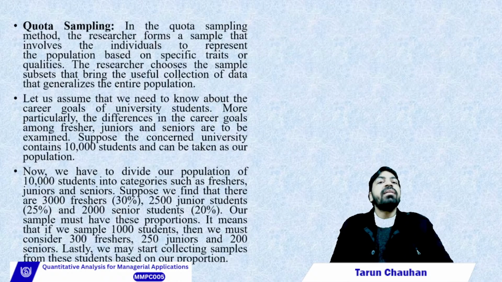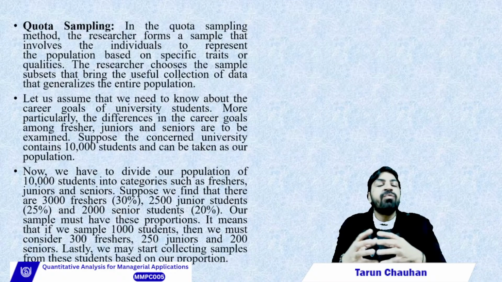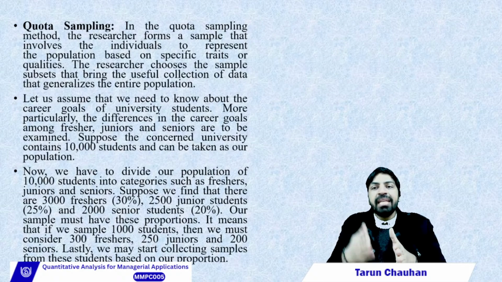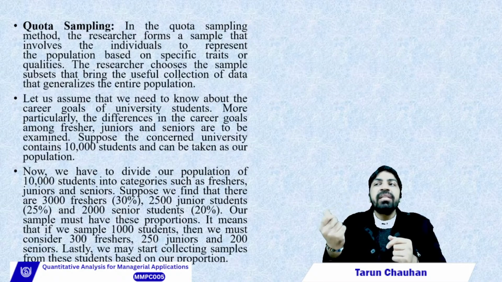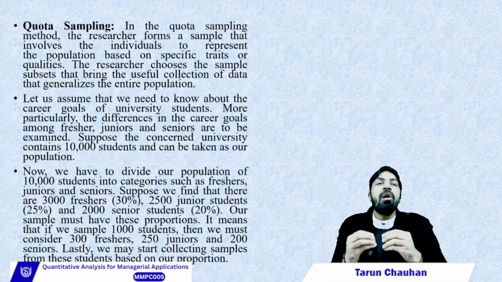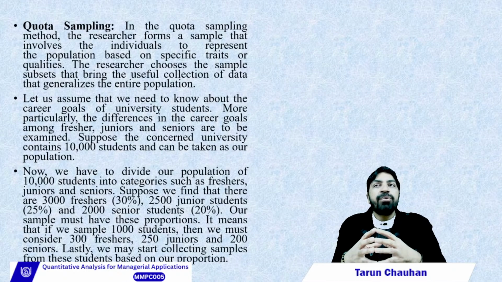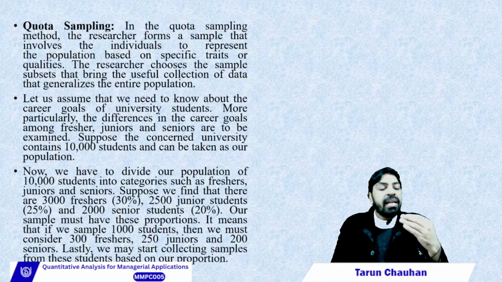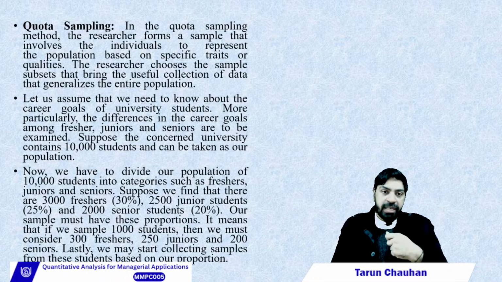Next is quota sampling. In the quota sampling method, the researcher forms a sample where individuals represent the population based on specific traits or qualities of the population, and the researcher chooses a selective group that brings a useful collection of data, which is then used to generalize to the population.